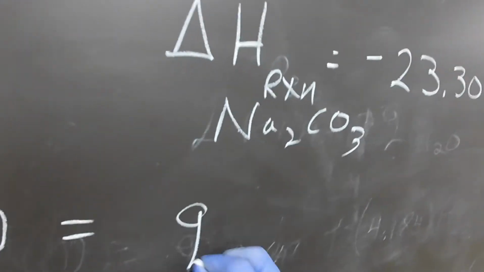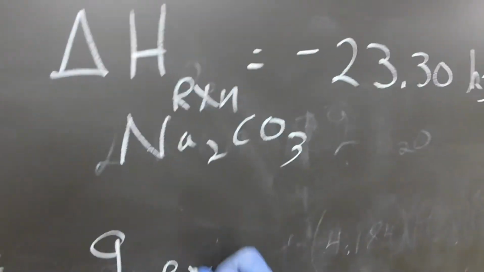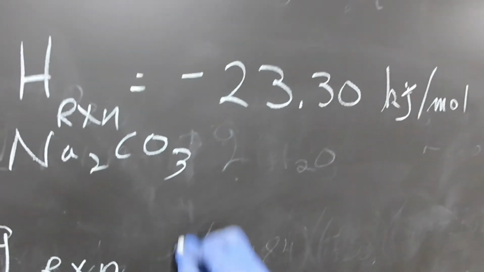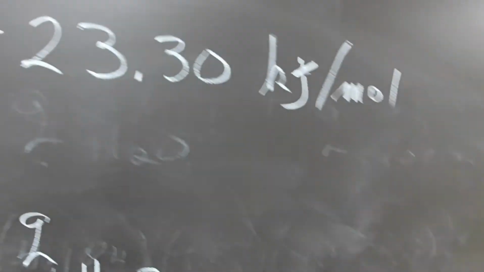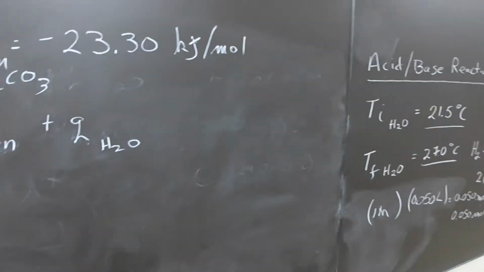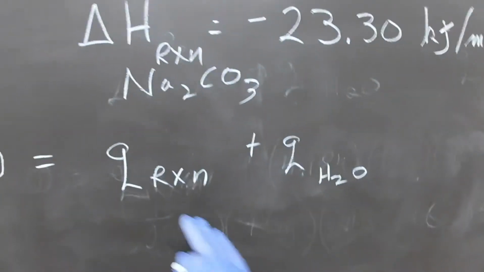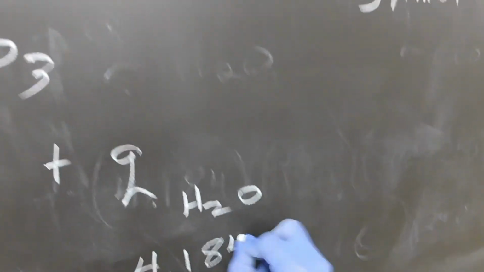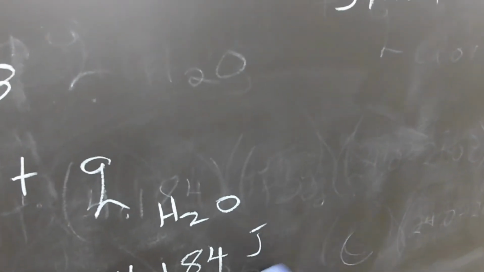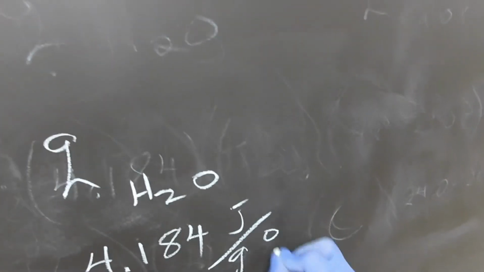We're going to have a Q for the water that's in the bag, and we're going to assume that the calorimeter, or the bag itself, can be ignored. For the water we use 4.184 joules per gram degree C.